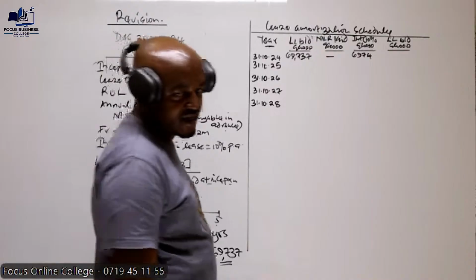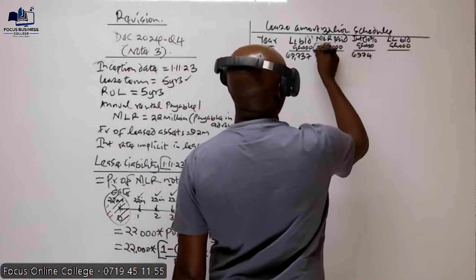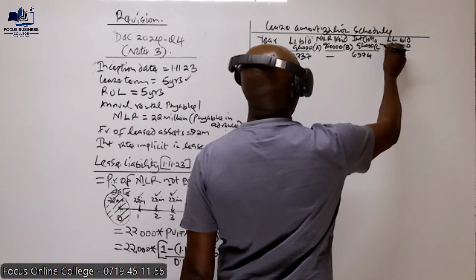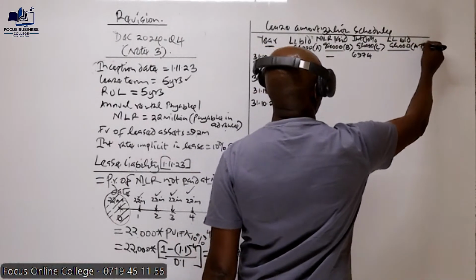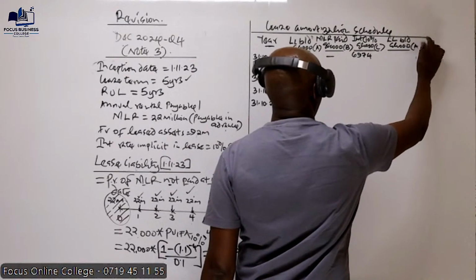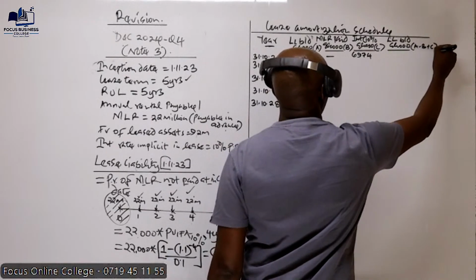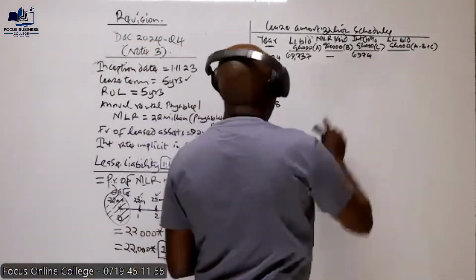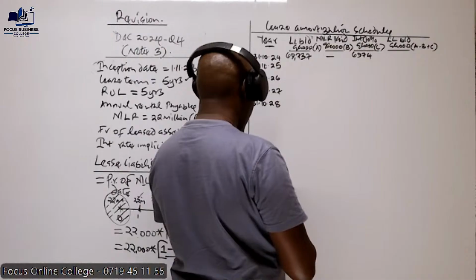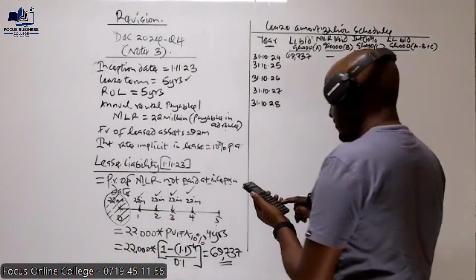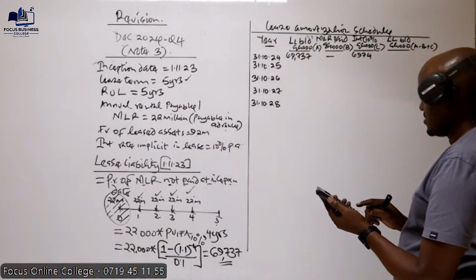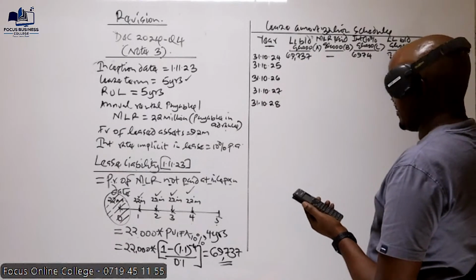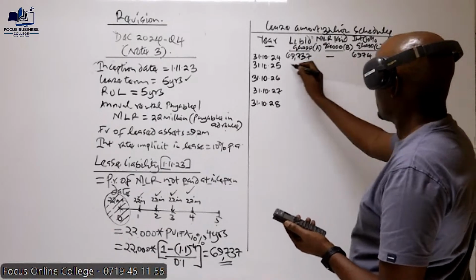Then to get the lease liability at the end, we take A minus B plus C. So this minus this plus that. In our case, we have 69,737 plus 6,974. That will give us 76,711. So that will be the opening balance there.